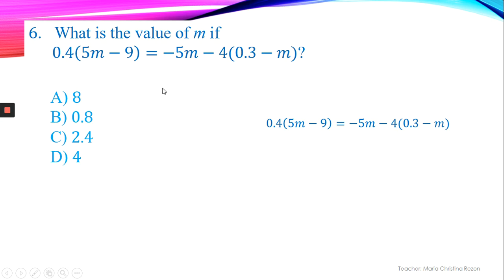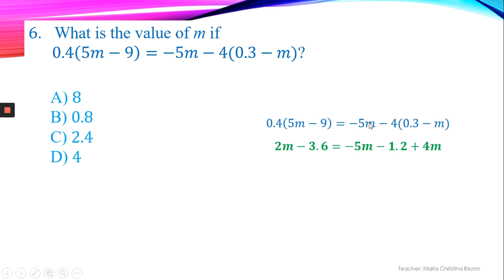Let's try to solve for the value of m. 0.4 times 5m gives you 2m. 0.4 times negative 9 is negative 3.6.